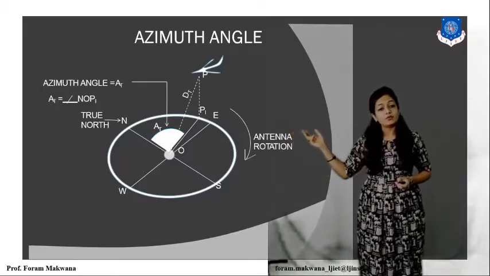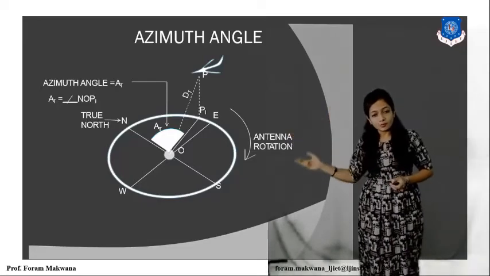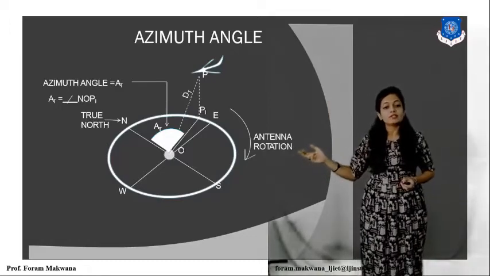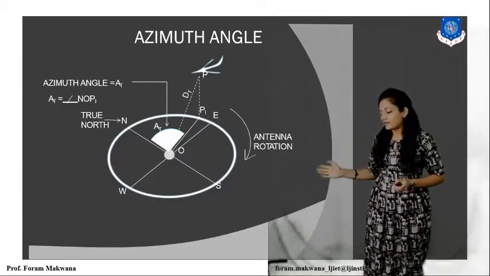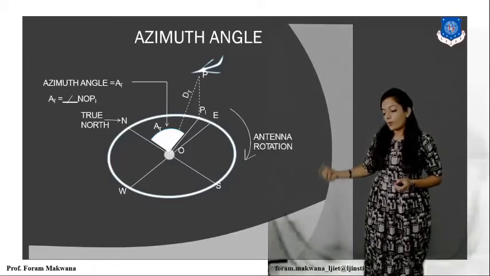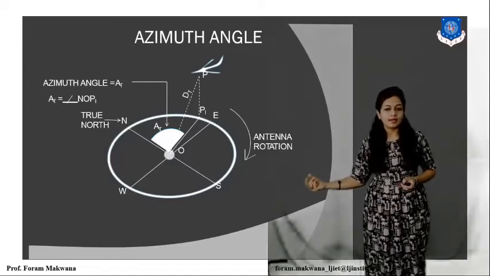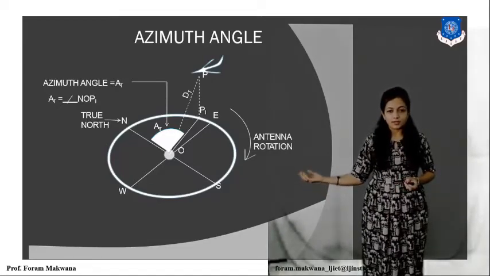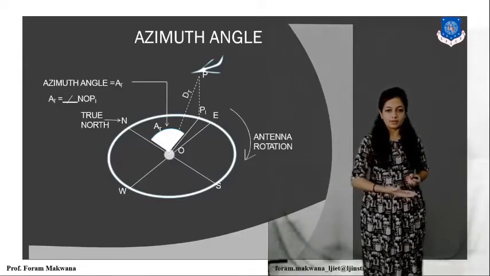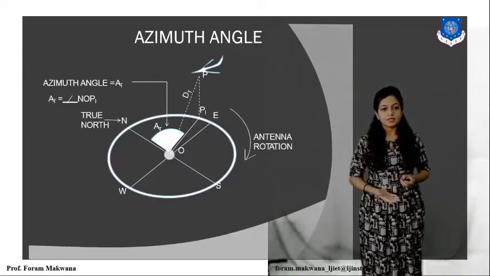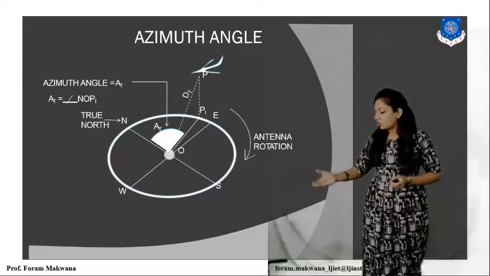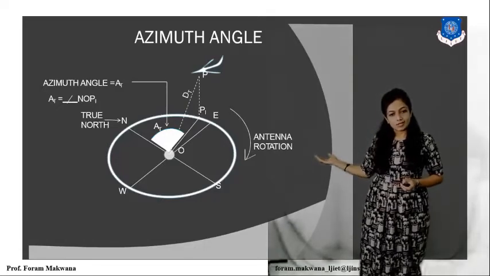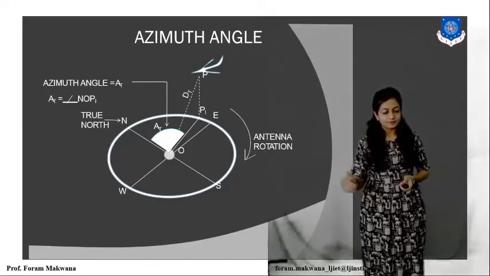If I need to calculate the azimuth angle, it is referenced with respect to where my radar antenna is placed. It is going to be measured in the horizontal plane, with respect to true north.